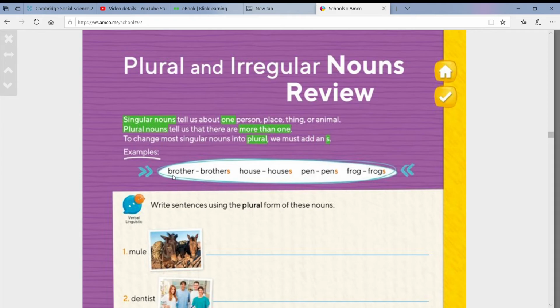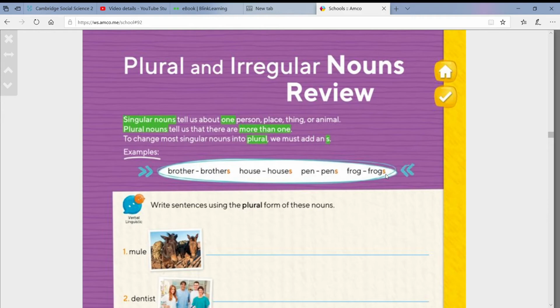One brother, two brothers with the plural S. One house, two houses with an S. One pen, two pens with the plural S. One frog, two frogs.